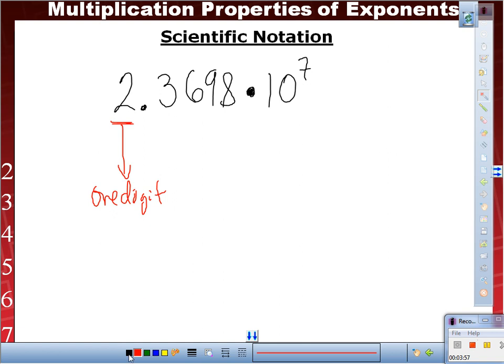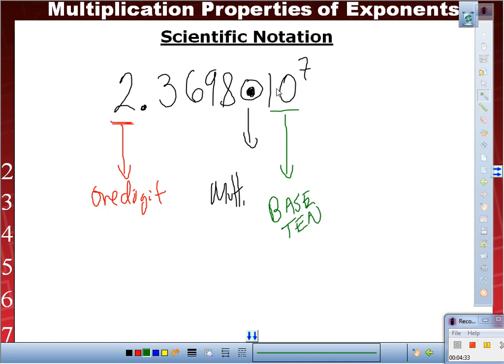The second thing I want you to notice is that there's a multiplication sign. What is it multiplying? It's multiplying something that we call base 10. And why base 10? Because every position of a number has how many different digits? 10, from 0 all the way through 9.